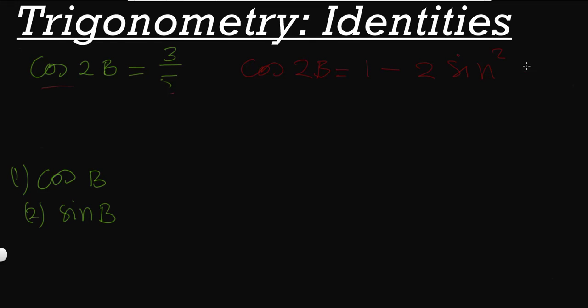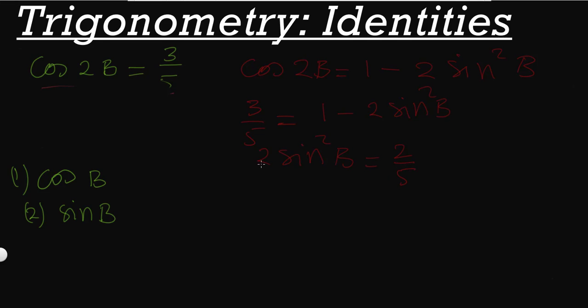So we have 3 over 5 equal to 1 minus 2 sine squared beta. So we can transpose the 2 sine squared beta. When you transpose 3 over 5, this side will be 1 minus 3 over 5, which is 2 over 5.